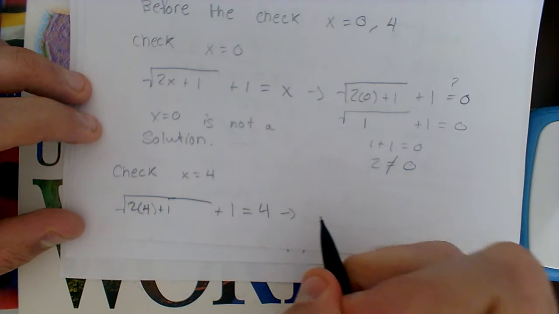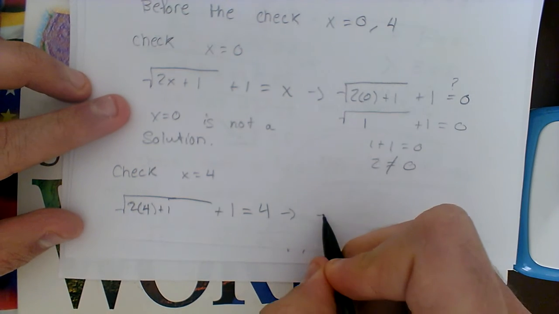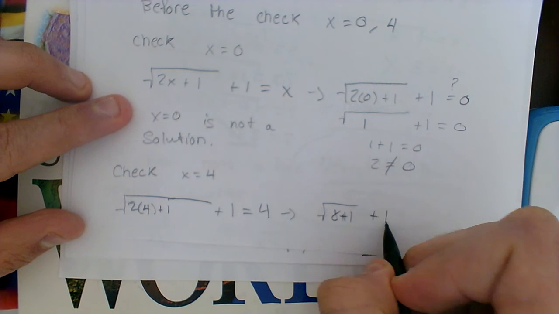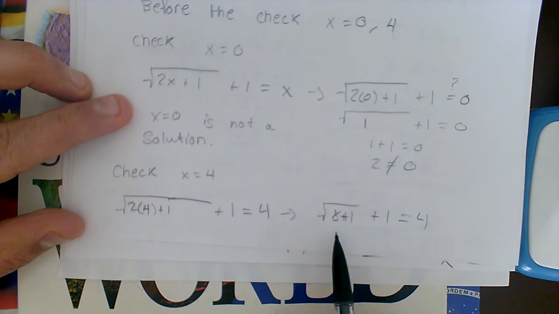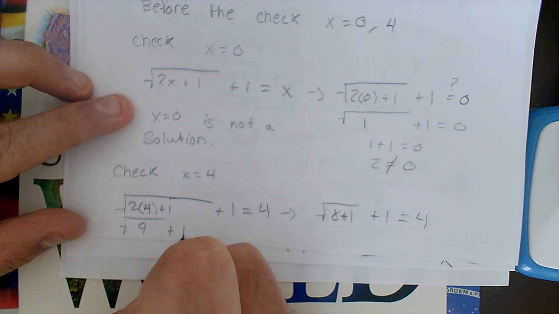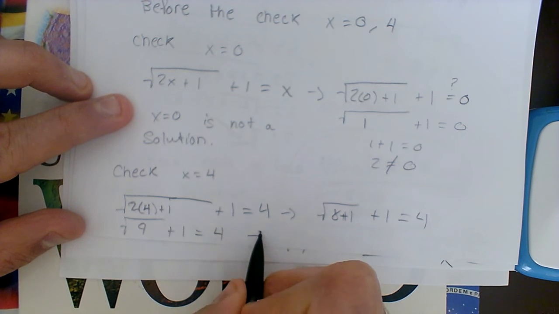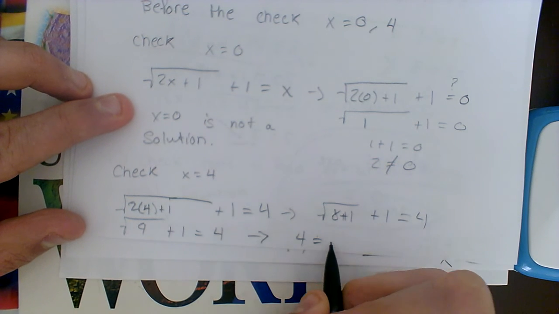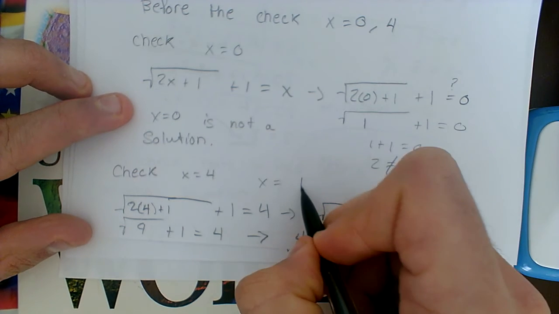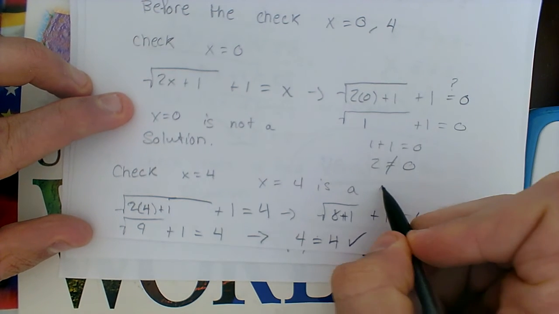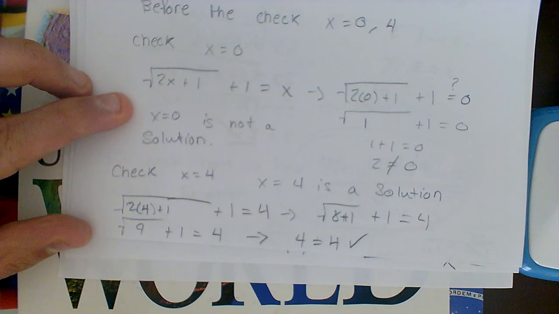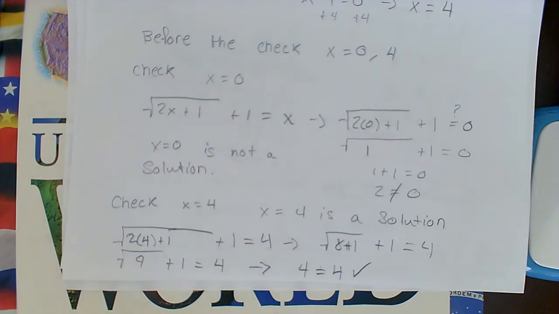So you get the square root of 8 plus 1, plus 1, equals 4. So that's the square root of 9, which is 3, plus 1 equals 4. So this one checks out. 4 equals 4. So x equals 4 is a solution.